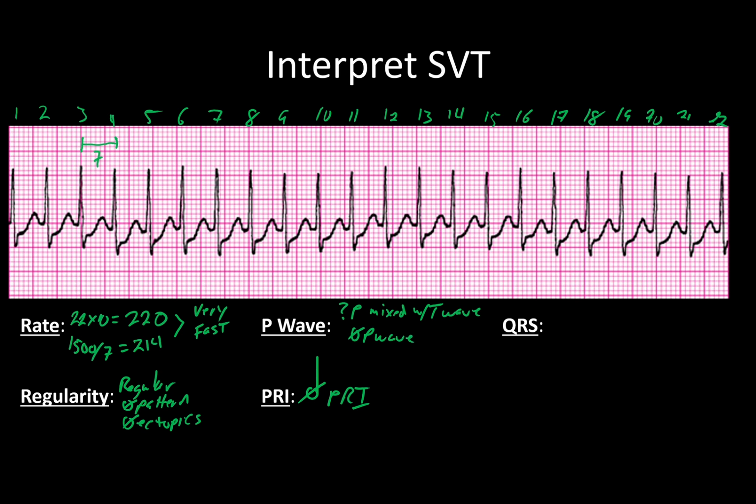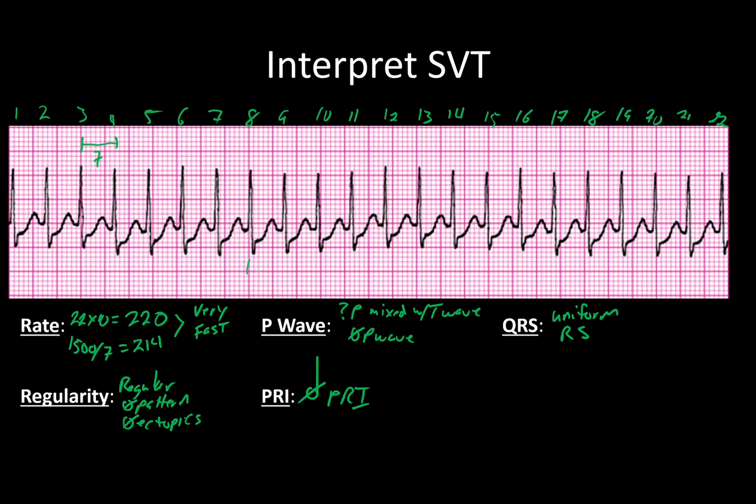So that just leaves us with the QRS to take a look at, and those are uniform. And they have an RS pattern to them. It is definitely narrow. And how narrow is it? Well, if we look at number 8, it actually starts on a solid line. Sorry, I drew that at a bit of an angle.